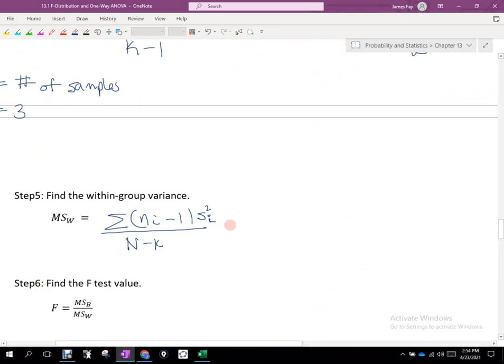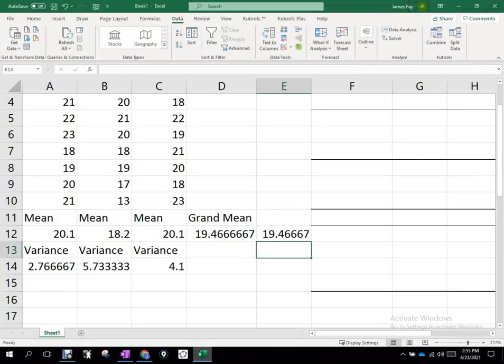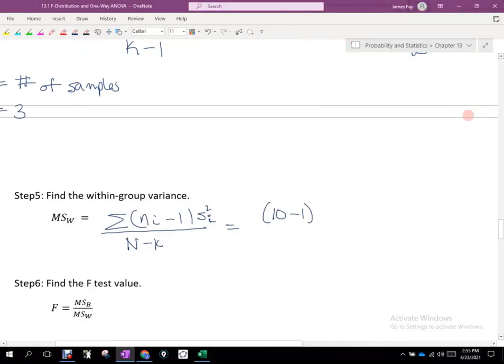Okay, so here we're looking at n sub i minus 1. So n sub i, again, that's the sample size of sample 1. Sample size of sample 1 was 10, minus 1, times the variance of sample 1. So the variance of sample 1 was 2.77.